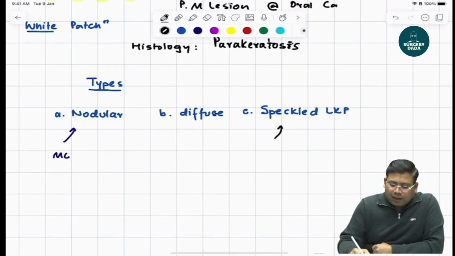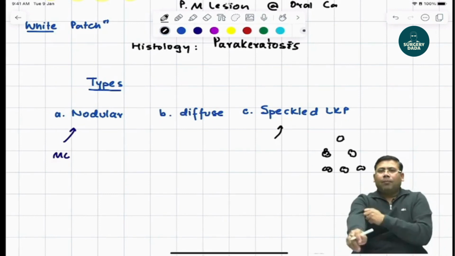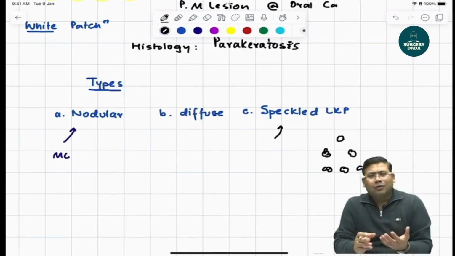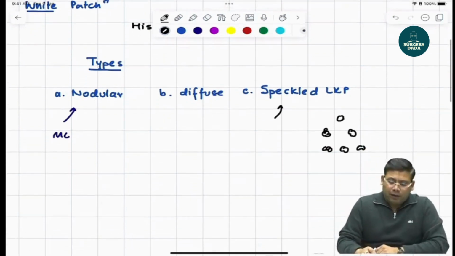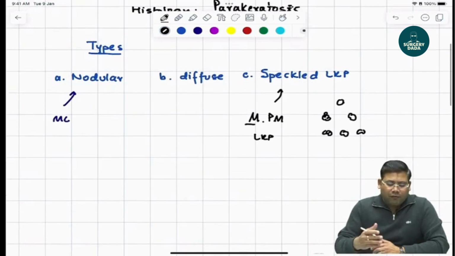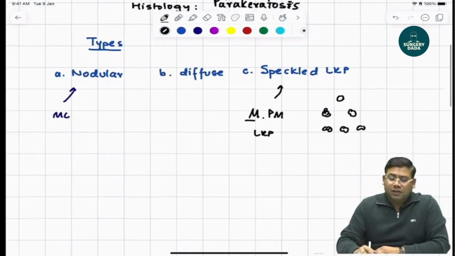What is the speckled type? There are multiple small clusters or patches in a group, just like a herpes infection. So speckled leukoplakia is the most pre-malignant leukoplakia of all.